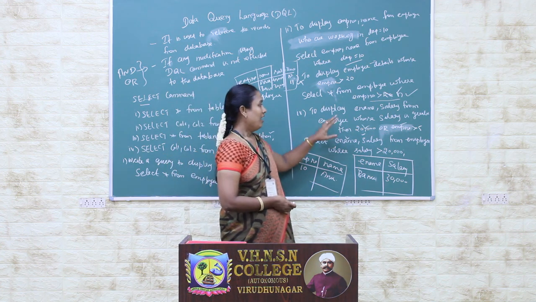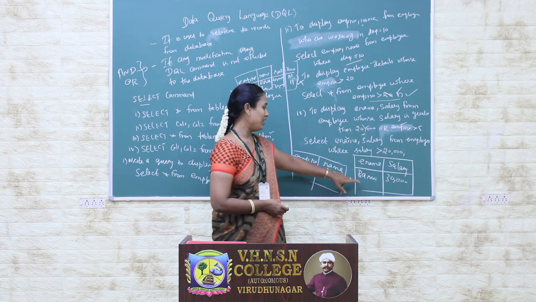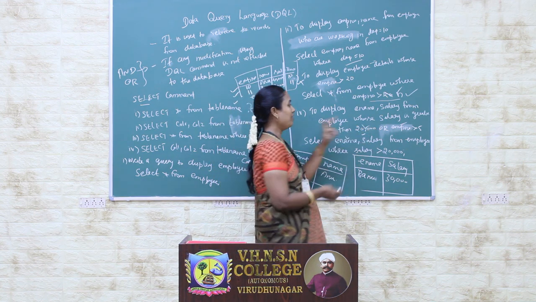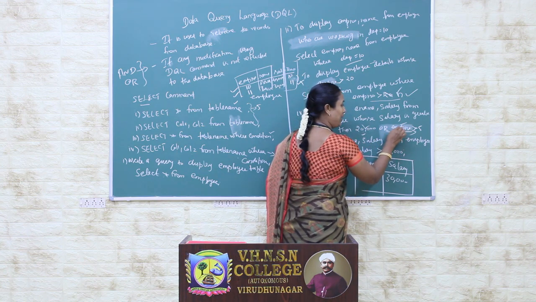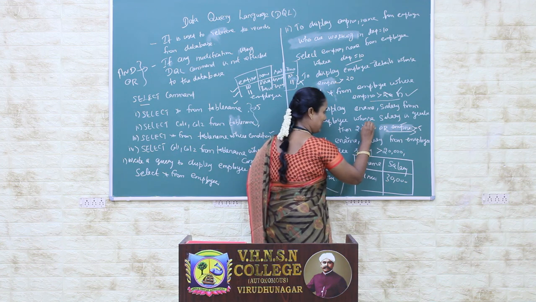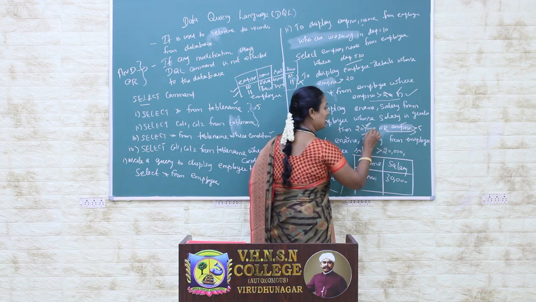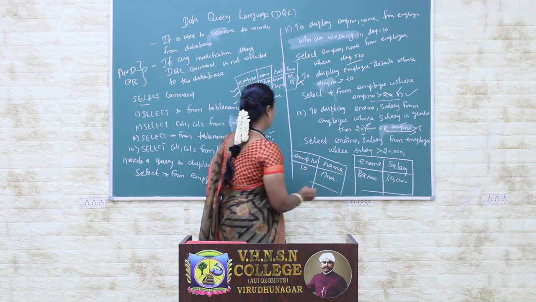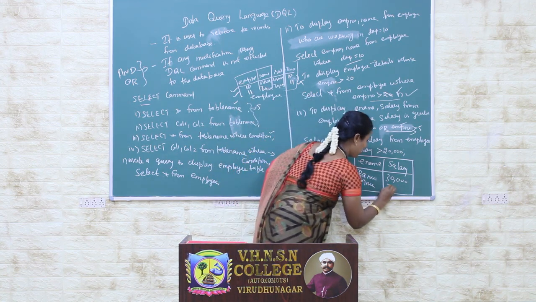First, when we use a single condition, we get the result like this. After that, we add one more condition, EMP number greater than 5. If this condition evaluates true, we get one more record. After executing these two conditions, we get one more record also: Anu with the salary 20,000.